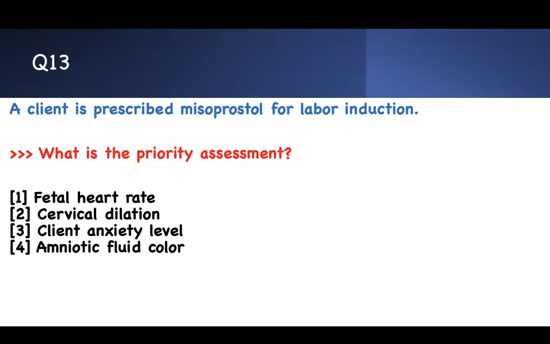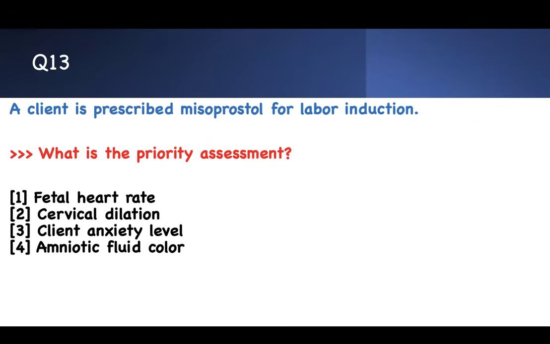What is the priority assessment? A client is prescribed misoprostol for labor induction. Which one is the priority? Well, it's a medication that induces labor, right? At the same time, consider what it does to the baby: tachysystole, and in the process, the baby's heart rate is not happy.